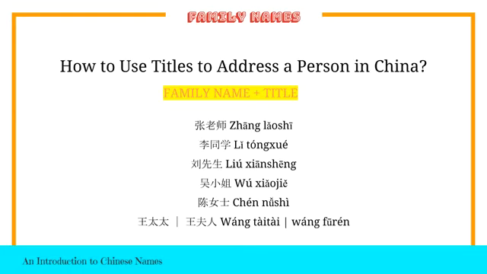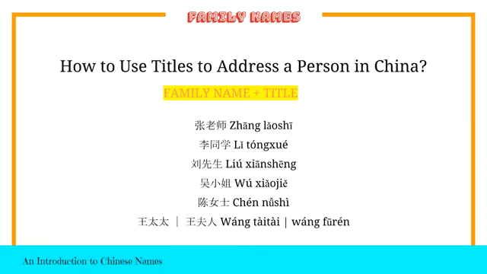Okay, can you come up with one title to address a Chinese person? Yep, I have one. If I want to say Professor Zhao, I can say 赵教授. So 教授 is professor and Zhao is the surname.